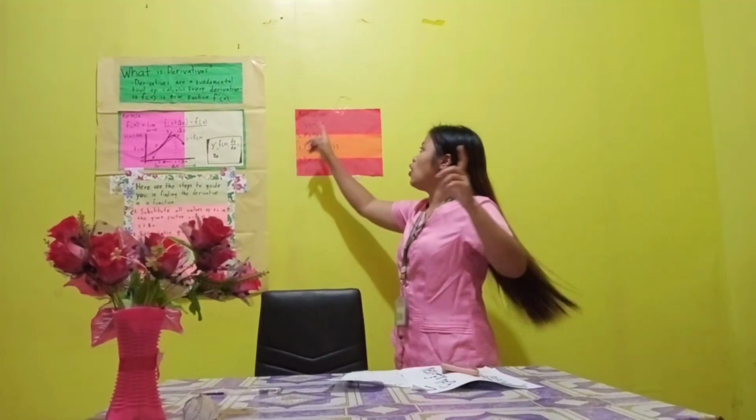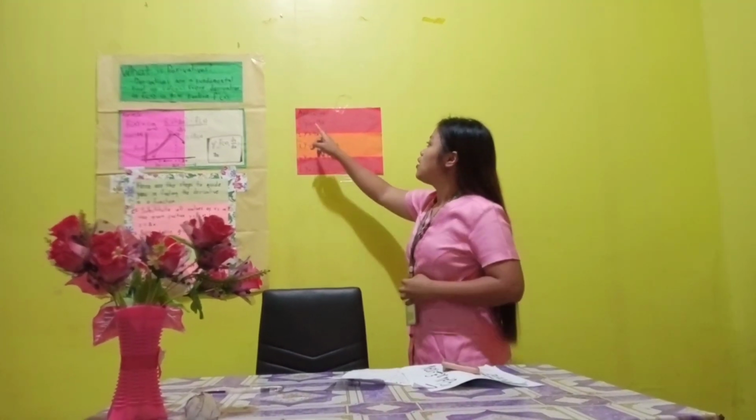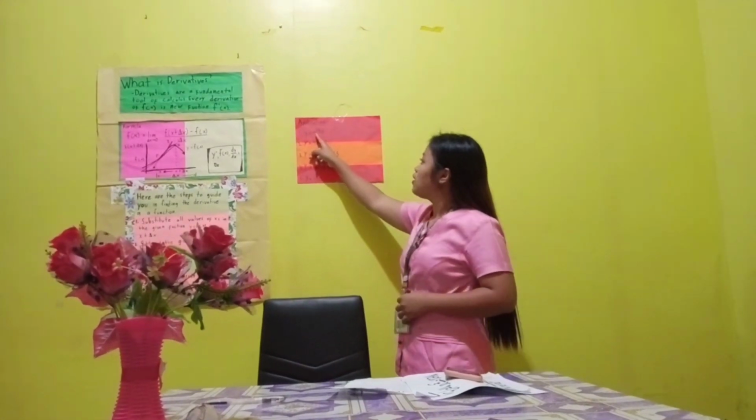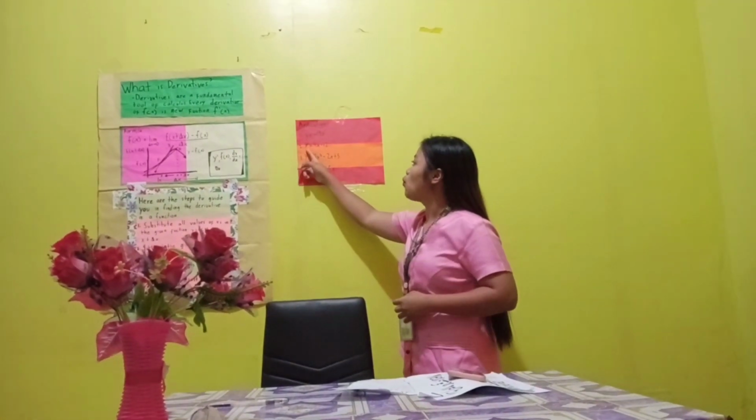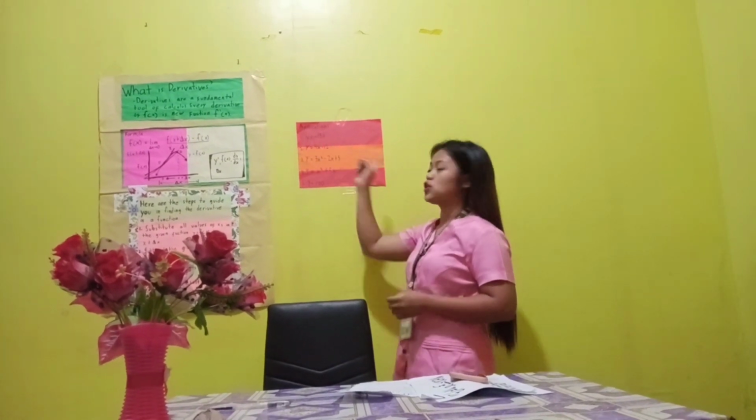For your application, I will group you into 5. So, let's count into 5. 1, 2, 3, 4, 5. 1, 2, 3, 4, 5. 1, 2, 3. So, go to your group now. Okay. Now, group 1, you will answer y equals 15x. Group 2, you will answer y equals 4x minus 12.